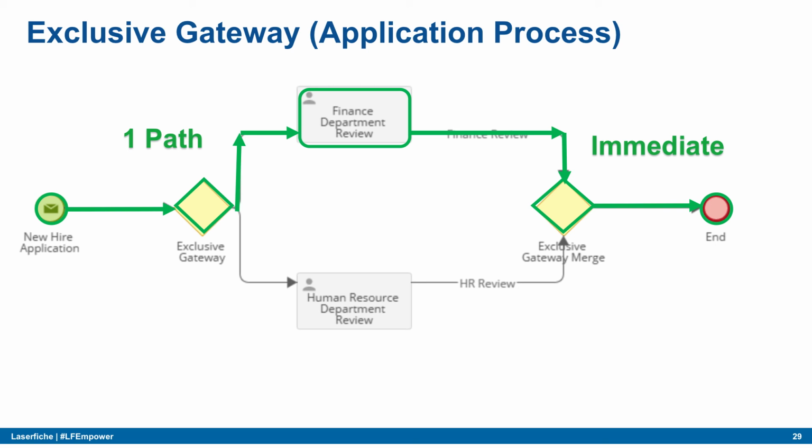As the application comes in from the applicant, they're selected just for the finance department because that's the only department they're interested in. And so it gets routed to that department for review. And as their application is finally reviewed, it comes through to the exclusive gateway to merge the two paths and immediately goes through.